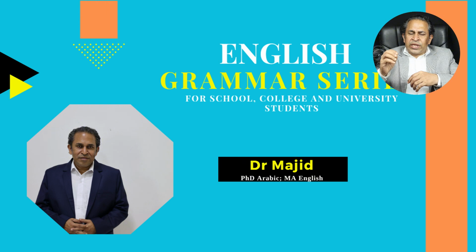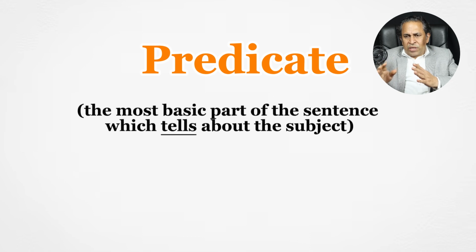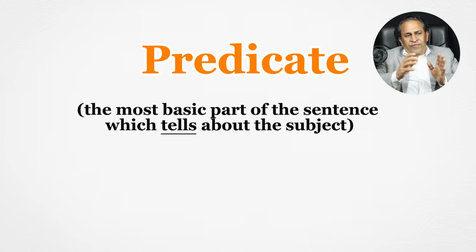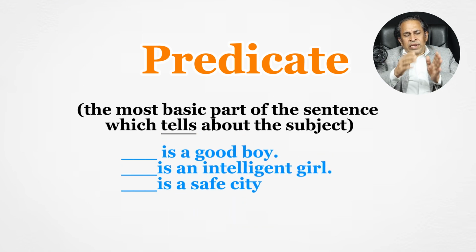You are telling something about that Muhammad. So this telling part is called the predicate. In the Fatima sentence, is an intelligent girl is the predicate, and is a safe city is the predicate.